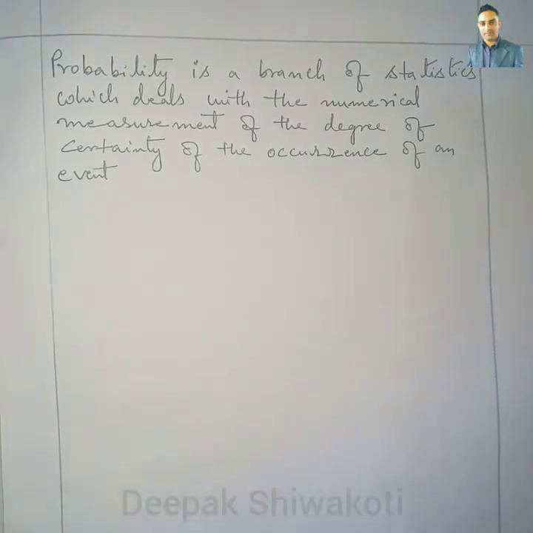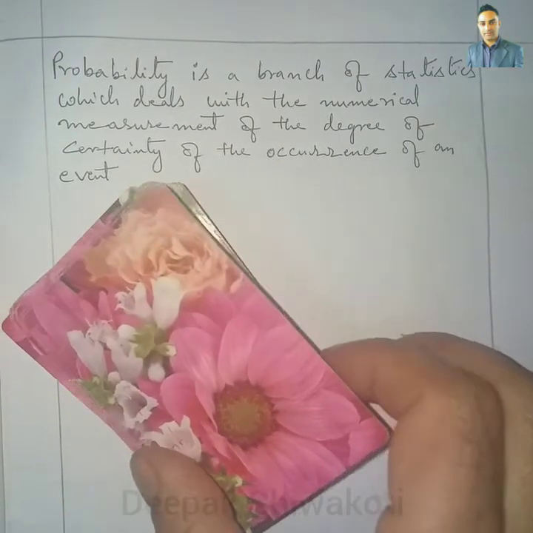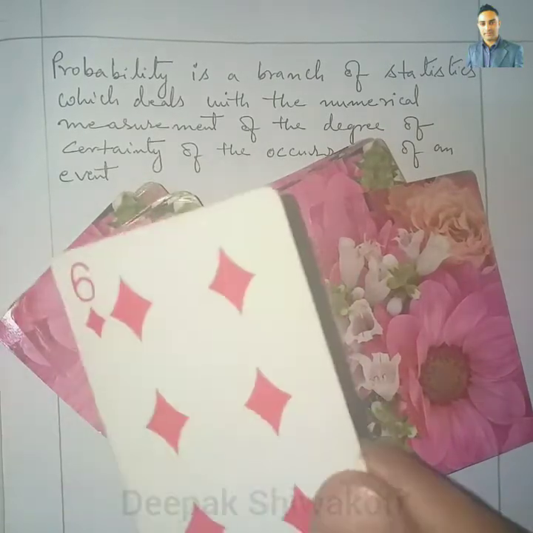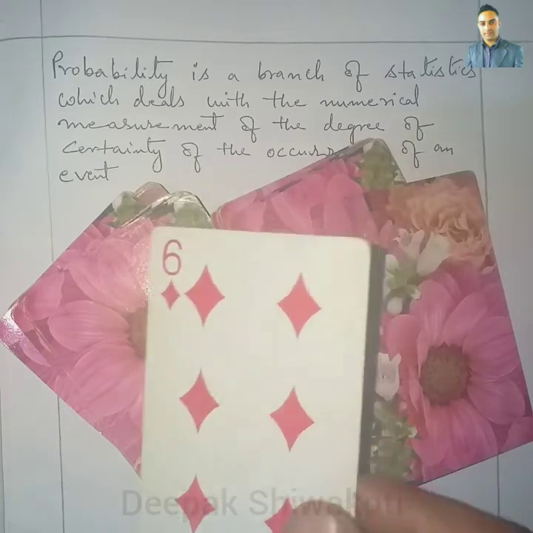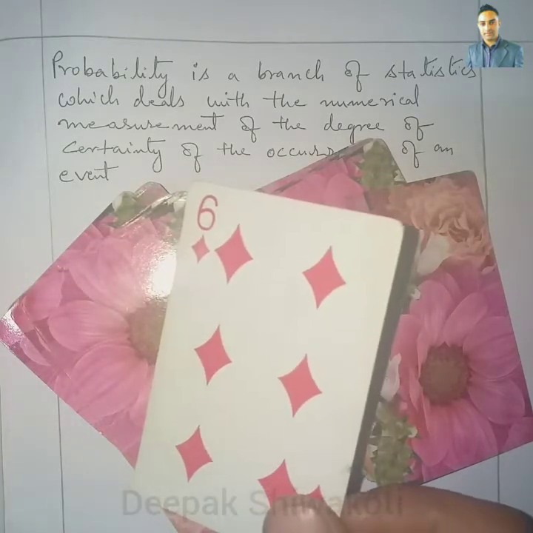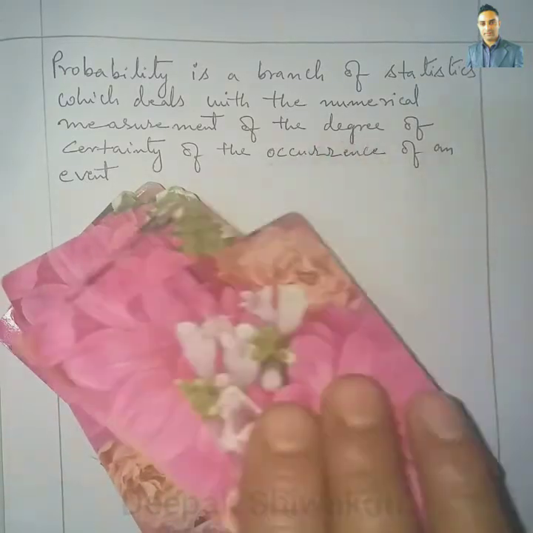In the case of 52 cards, when we draw a card, any card, then the occurrence of the outcome is an event, okay? And drawing the card is the trial, okay? So performing this experiment is the random experiment, okay?